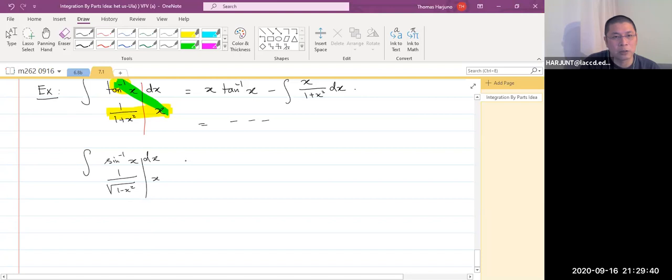This is x. So this is equal to x sine inverse x minus integral of x over square root of 1 minus x squared dx. And then from there, you go on.